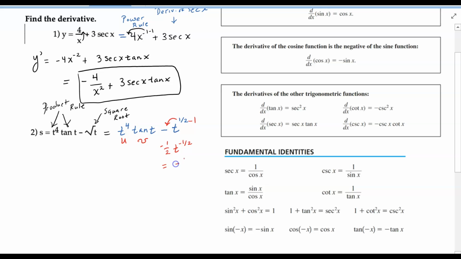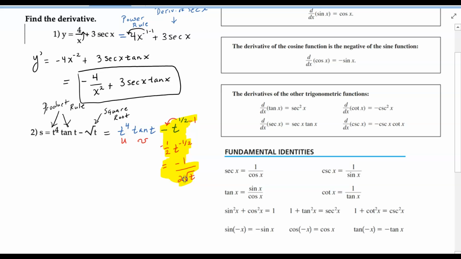So it's negative 1 over 2 square root of t. You can leave it like that. That's okay. But that would end up being the derivative of just this portion here. So we'd follow our way down this way, and we're going to need that.